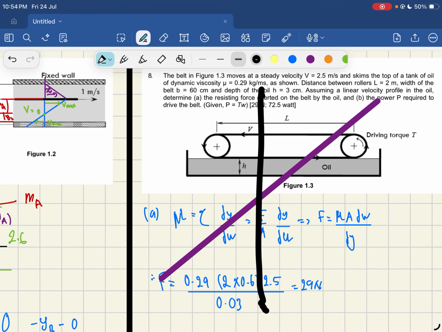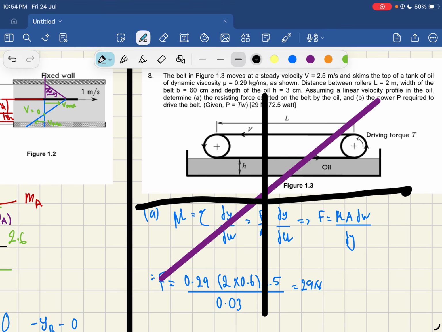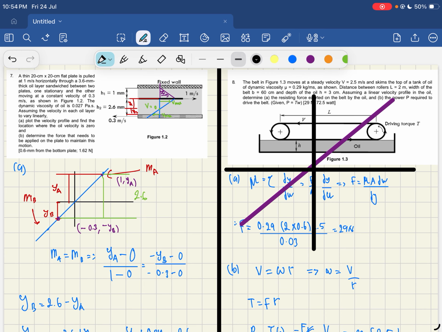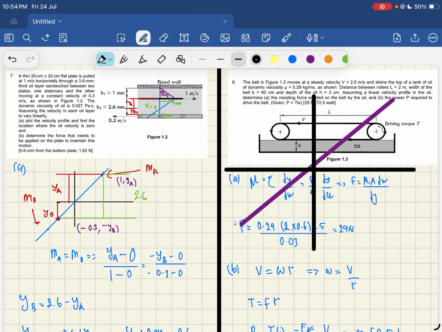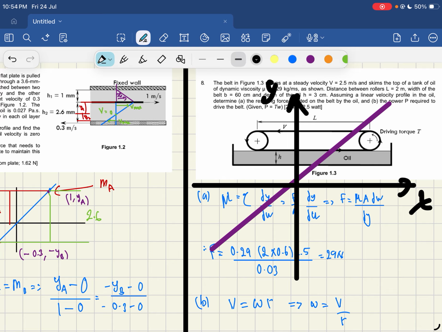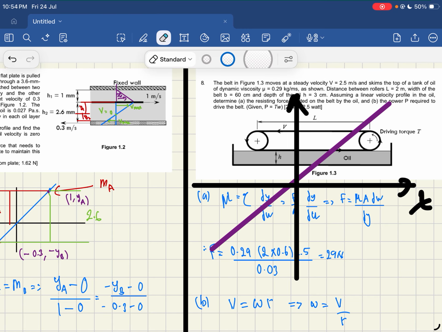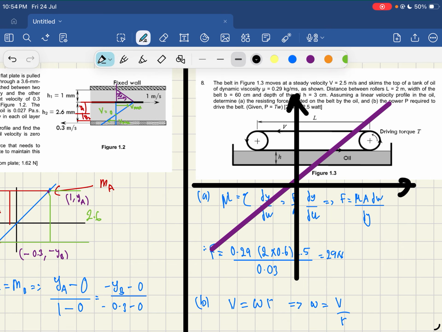by drawing the x and y axes. Imagine that this is the velocity profile for our problem, and we locate it on the x and y axes, or to be specific, y is the y distance and x is the velocity.